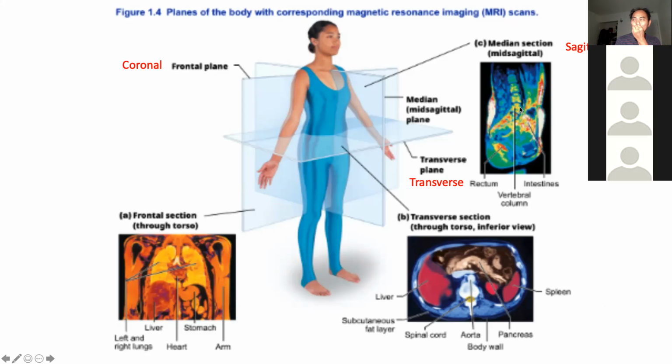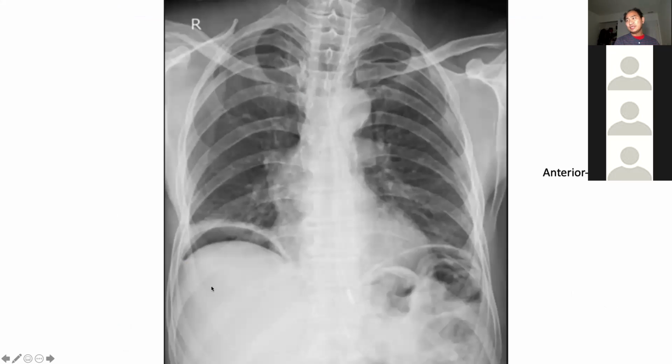Sagittal plane is a bit easier, and coronal plane goes from the very front to the back. So this is only one plane, and we will say anterior-posterior or posterior-anterior, because it is one plane, like the chest X-ray.